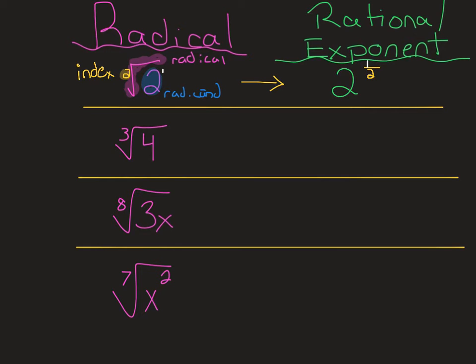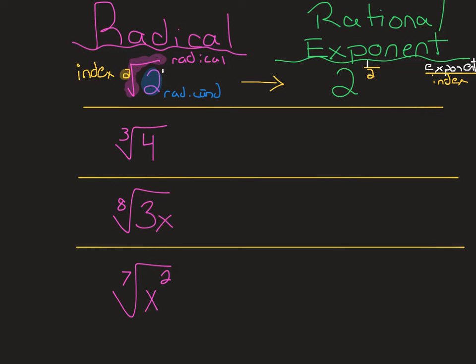So when you take a radical form and write it as an exponent form, the numerator of your exponent is whatever the exponent was from the radical, and the denominator is whatever your index was from the radical form. So again, this first one, my index was 2, so my denominator of my exponent in rational exponent form is 2. The exponent on the radicand was 1, so my numerator in that exponent is 1.